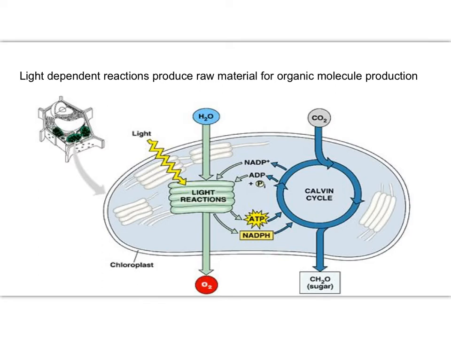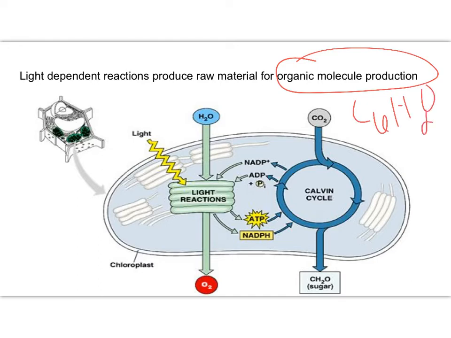So like we mentioned, the light reactions are producing the raw materials for organic molecule production. Our organic molecule, remember, would be our carbohydrate. That would be our sugar that's being produced. And this diagram is similar, but now you can see where this ATP and NADPH are headed over to the Calvin cycle.